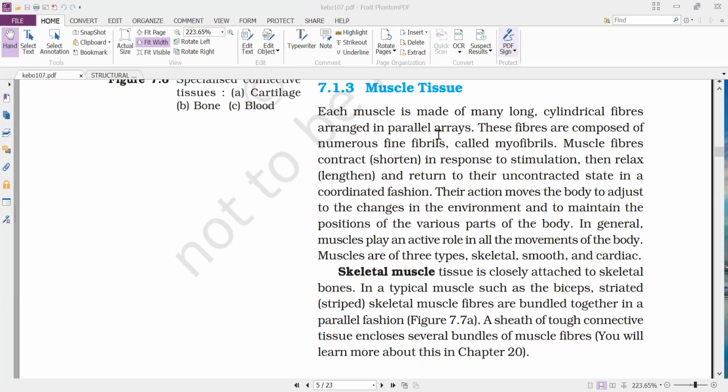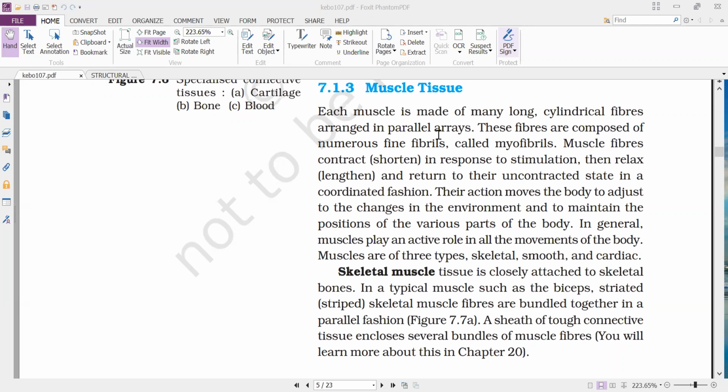Depending upon the requirement of the body, the adjustment of different body parts will be observed, and this adjustment will occur because of the contraction and relaxation of the muscles.